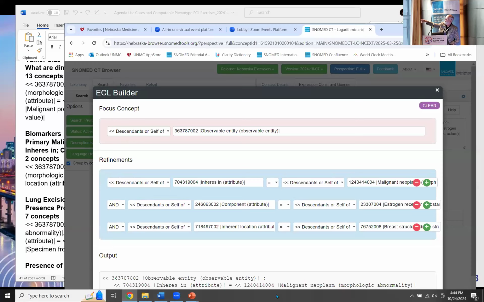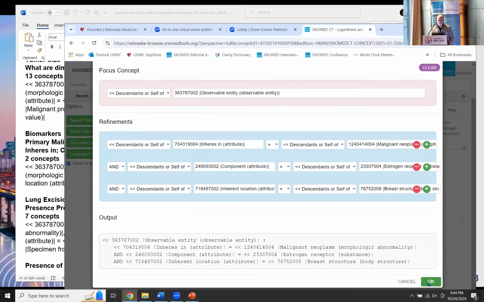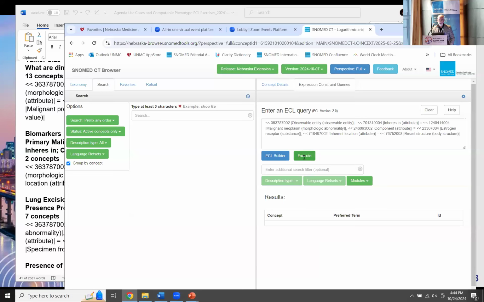So you can see in this case, we're basically looking at a malignant neoplasm, but we're using the inherent location attribute to define this as a malignant neoplasm that originated in the breast. And it has a component which is basically, in this case, a protein fragment, but it's basically a thing that was found within that malignant neoplasm.